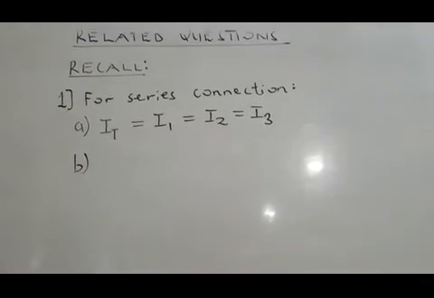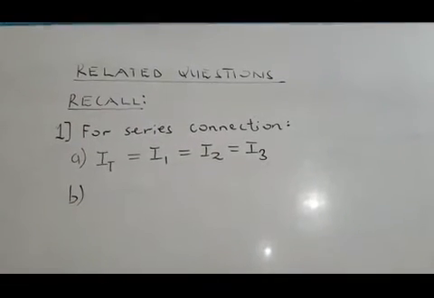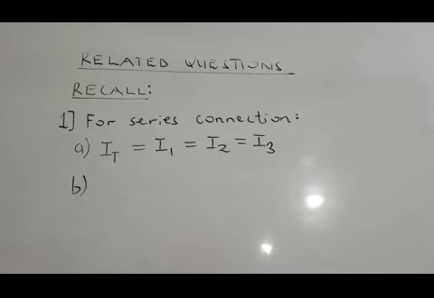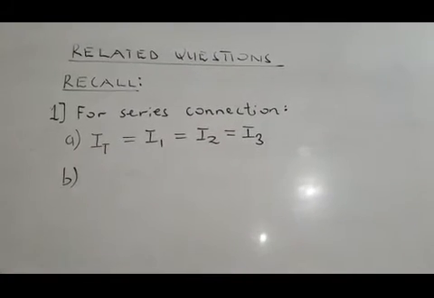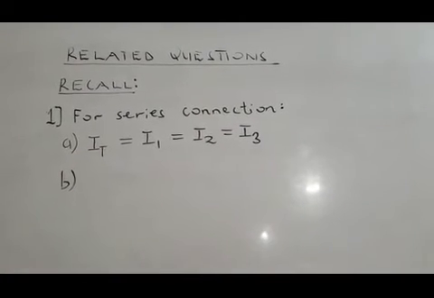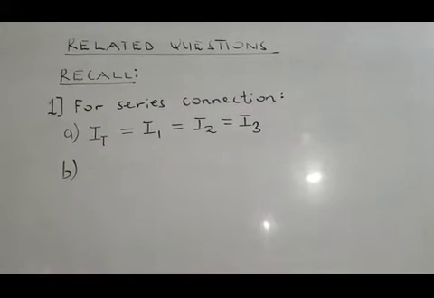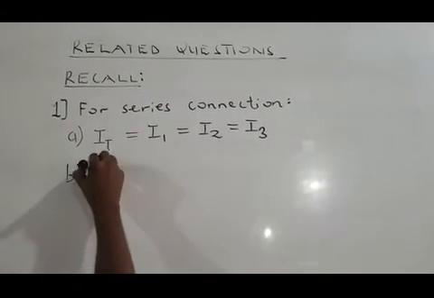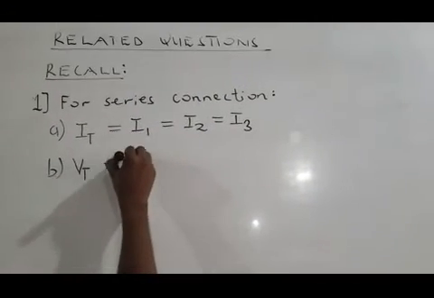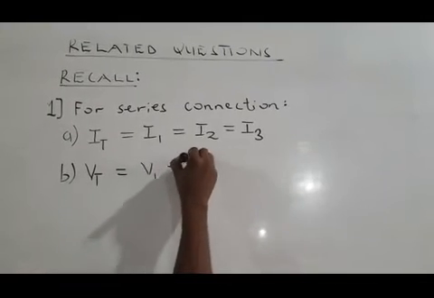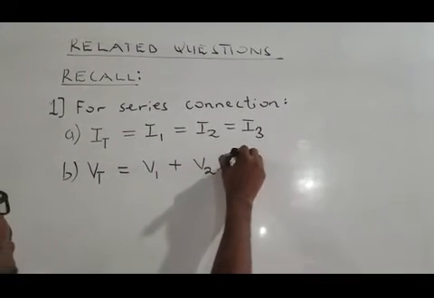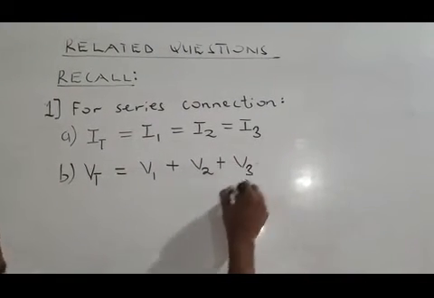Then in terms of voltage, the total voltage, or what we call the effective voltage, is determined by summing up the individual voltages. So VT is equal to V1 plus V2 plus V3.